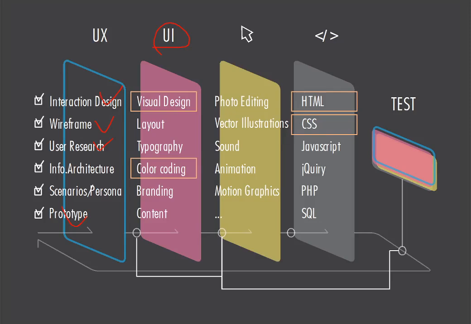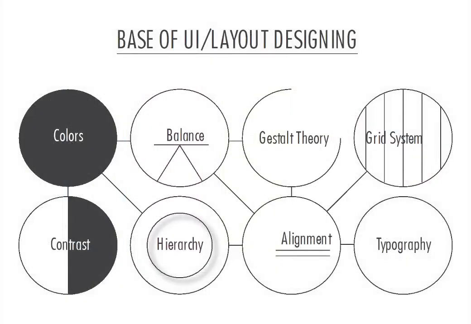Okay, now let's go to the next page. To make a product interface visually attractive and understandable by the viewers, we need to see what these 8 things are. As I mentioned before, user interface design, UI, visual designing is all about the visuals.